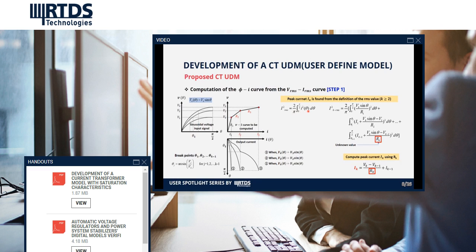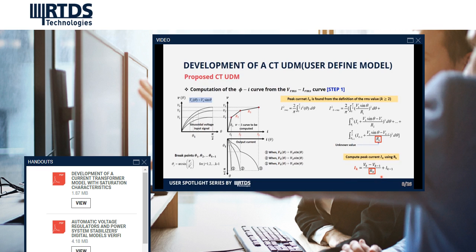Here we use the definition of the RMS value. In this equation, only the last segment's Rk is unknown. So Rk is easily computed and peak current Ik is calculated from this equation.